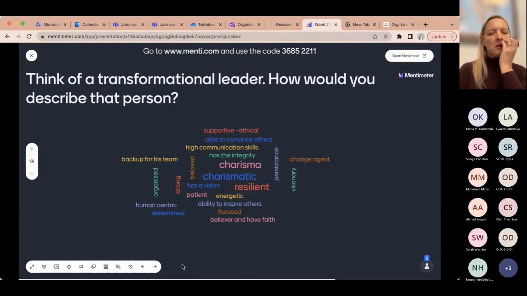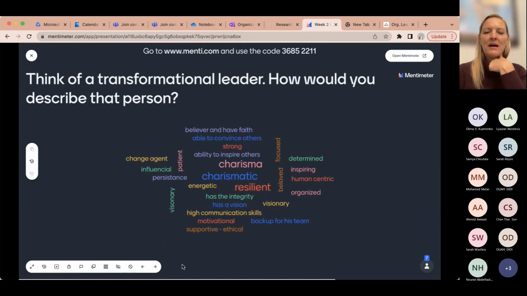I like the emphasis on ethical, the visionary. It's interesting that someone selected beloved, because I think that maybe the person doesn't always feel beloved.